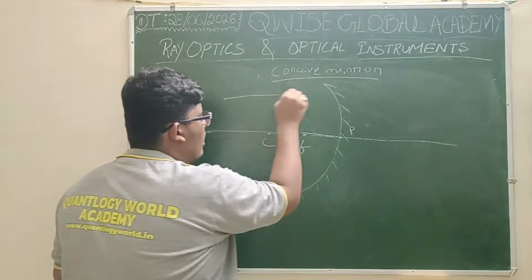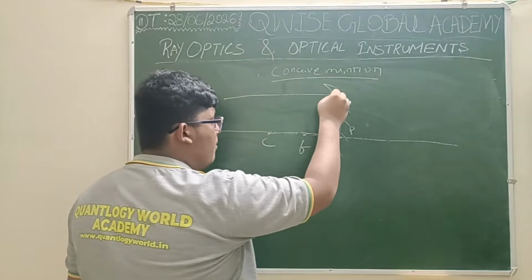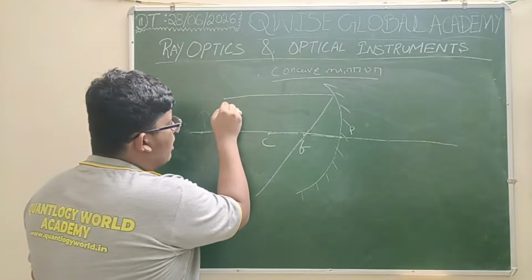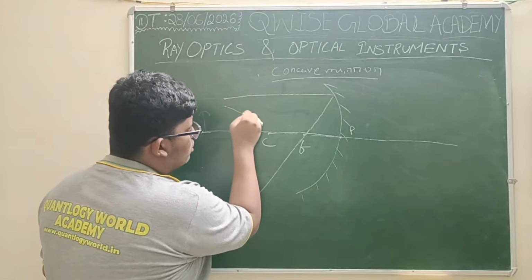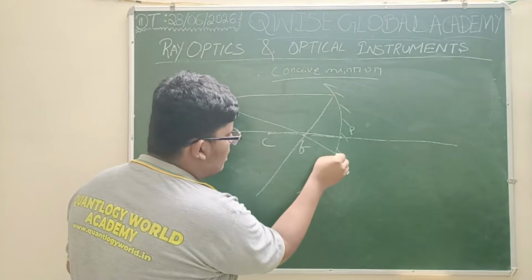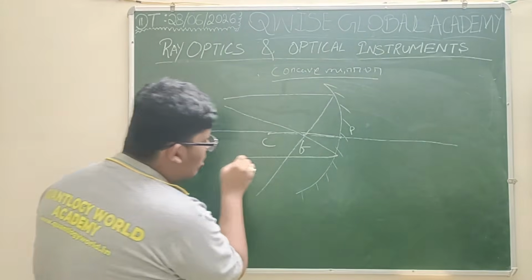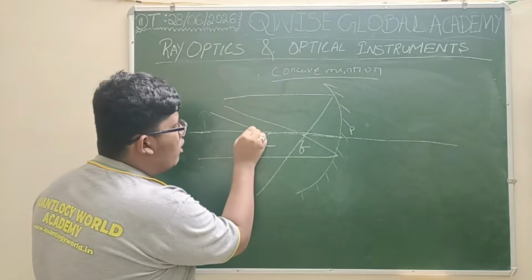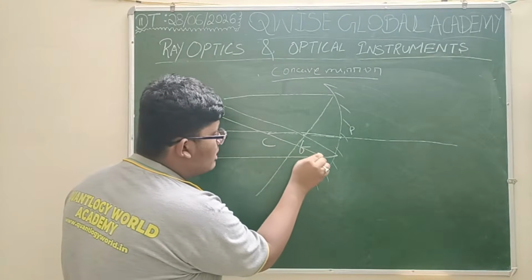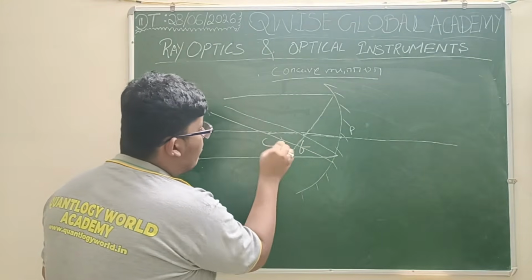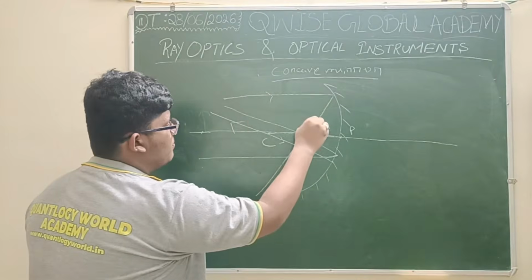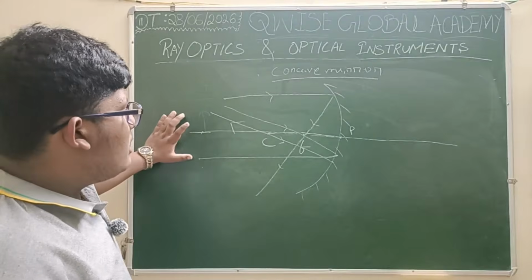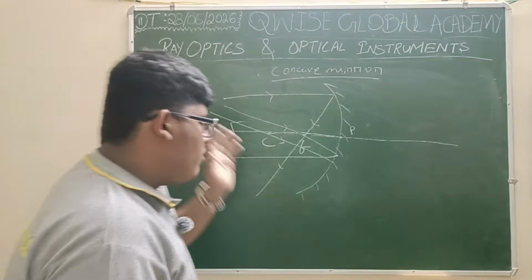If a ray of light falls parallel to the principal axis of the concave mirror, then it travels to the focus. If the ray of light falls through the focus and touches the mirror, then it travels parallel to the principal axis. And if the ray of light travels through the center of curvature, then it reflects back in the same direction. So these are the three conditions of reflection of light in a concave mirror.